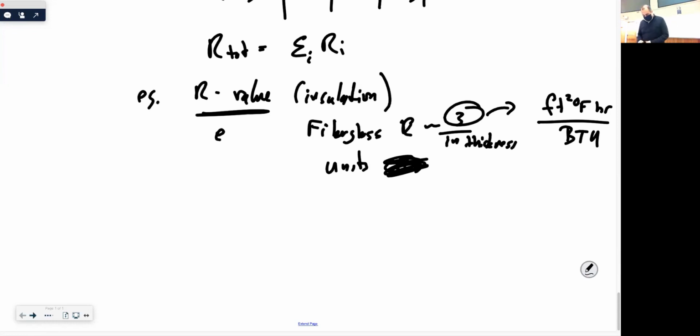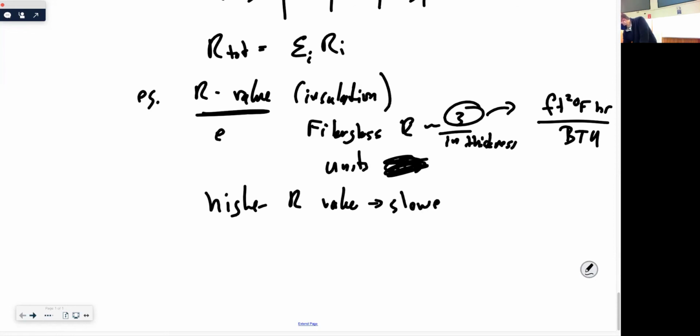Still, the higher the R value, the slower the energy transfer, and the better the insulation.